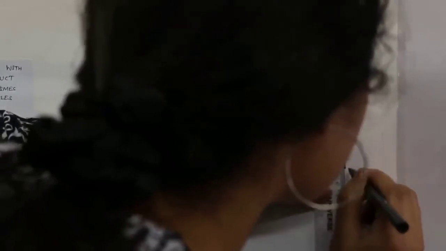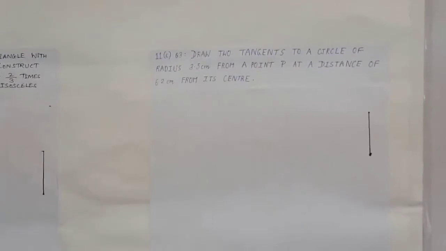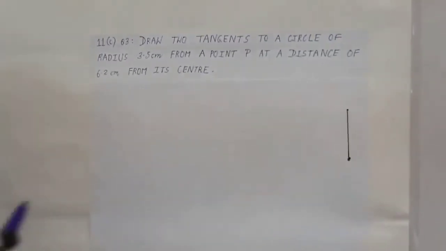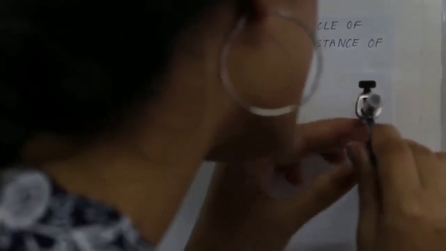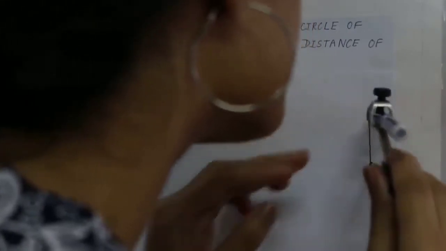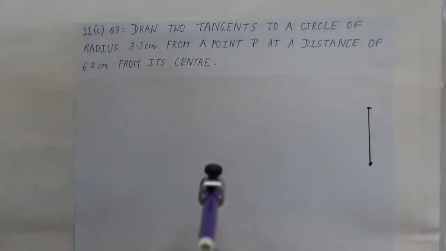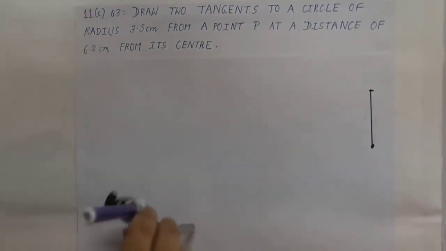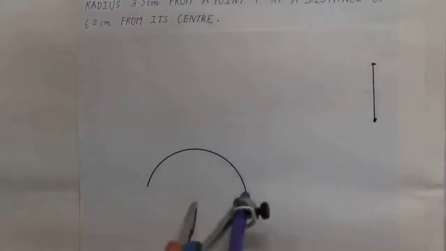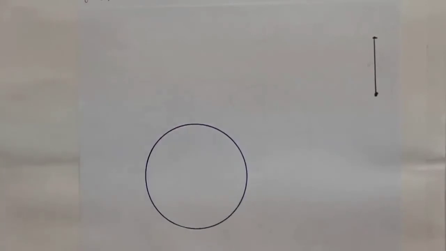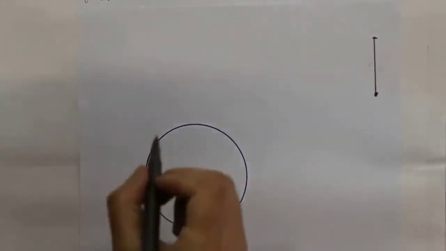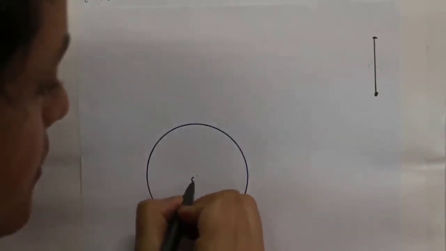Then with your compass you measure 3.5. Now you draw a circle of radius 3.5.